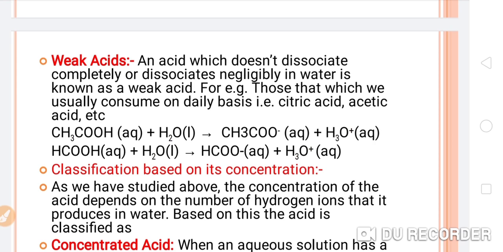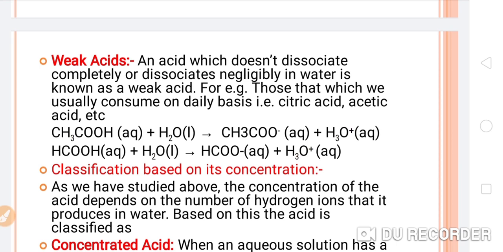For example, those which we usually consume on daily basis, like citric acid, acetic acid, formic acid. So these all acids we can consider as weak acids, because when you dissolve them inside the water, you will get only 2 to 3% ionization.